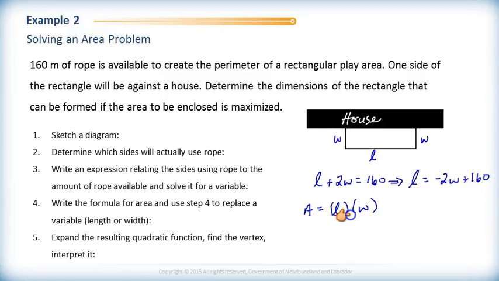I write the formula for the area of a rectangle as length times width. And I can use the expression I found in the previous step to replace L in this formula. That results in this function, which I can expand by distributing the W through the terms, which gives me this expression. Step 5 says expand and interpret the vertex.